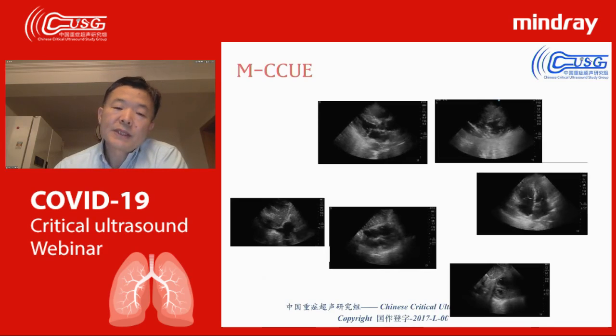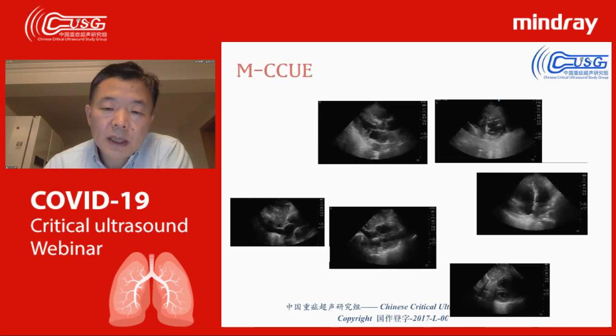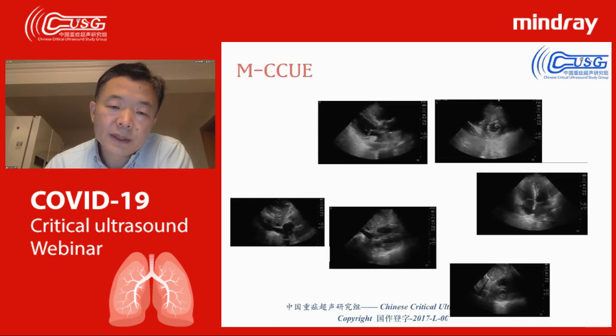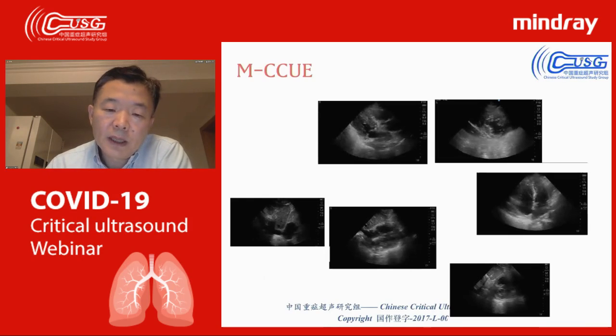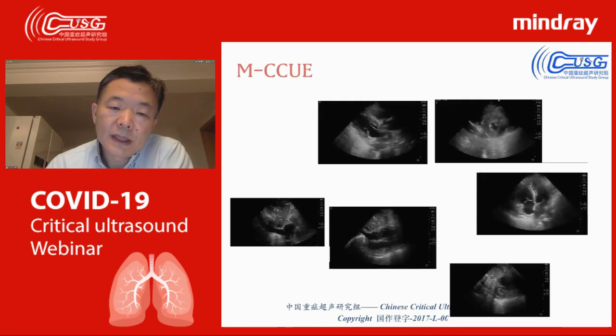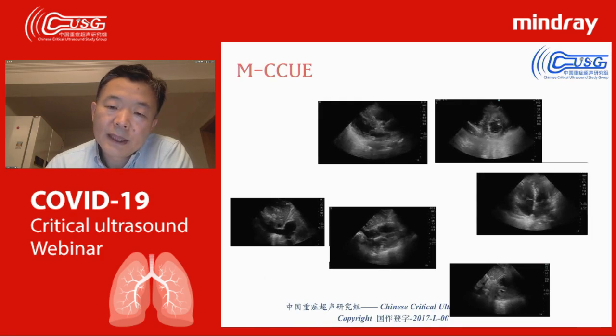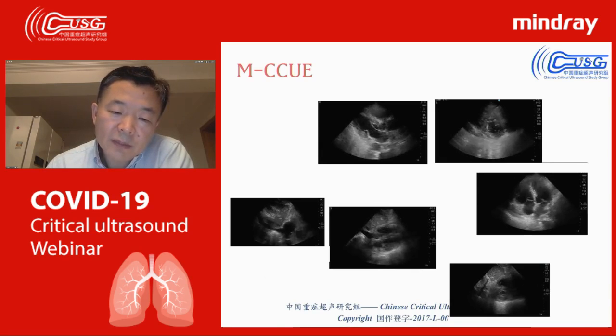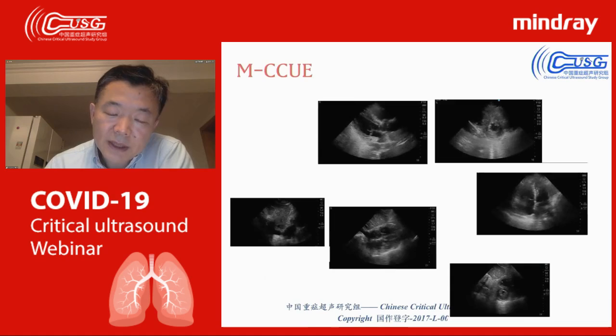So the patient's heart ultrasound gives us some impression: maybe the pulmonary artery pressure is high, and the patient still has very strong respiratory drive, and is maybe in a stress condition.